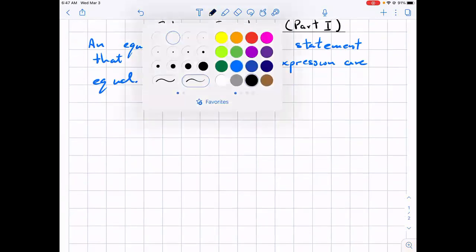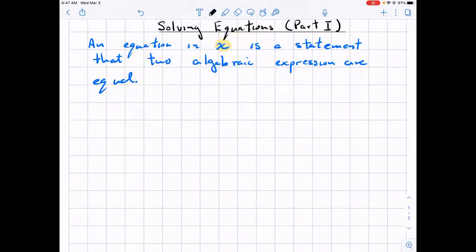And if we look at an example of that, let's say x plus 5 is equal to 7. So in this example, this here is an expression, this here is another expression, and obviously we know that's the equal sign.